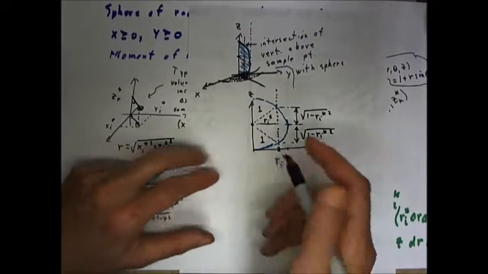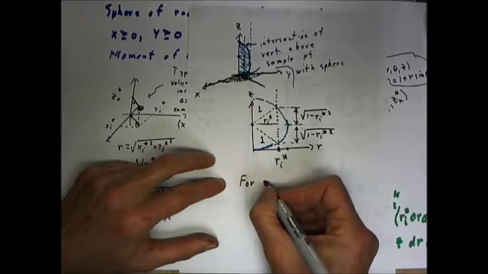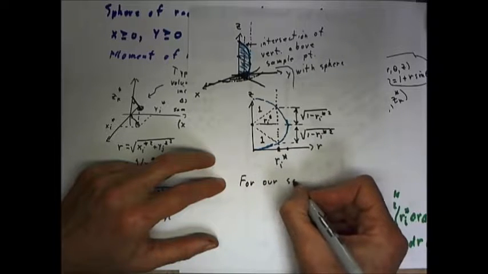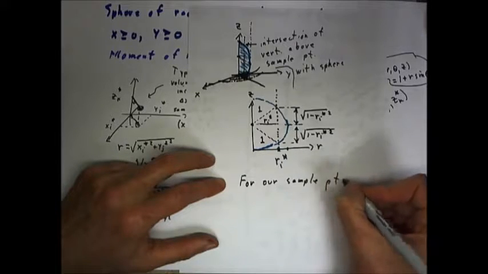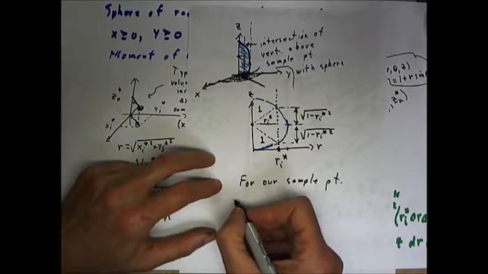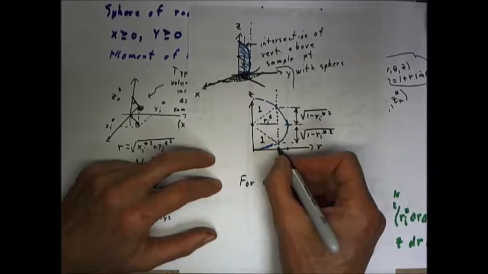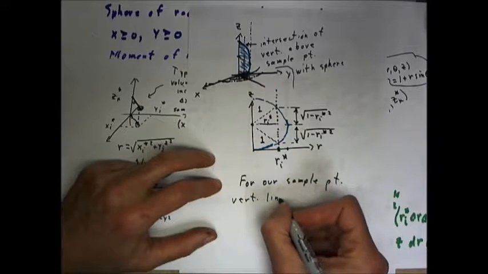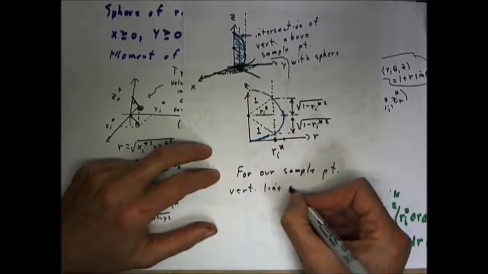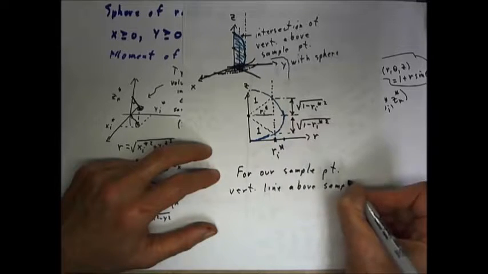And then for any point, for our sample point, we have a vertical line above the sample point.